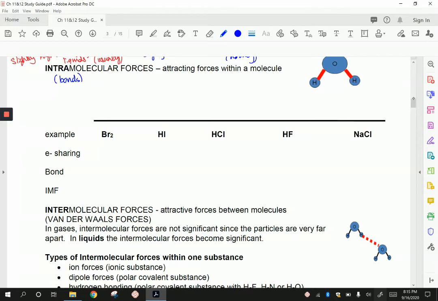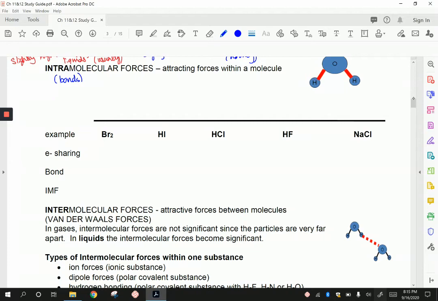So these right here, the actual bonds, those are the intramolecular forces. Then we also have intermolecular forces. So these are the attractive forces between molecules, also known as van der Waals forces. And so if I have a water molecule and another water molecule, that force of attraction between those two molecules is my intermolecular force.